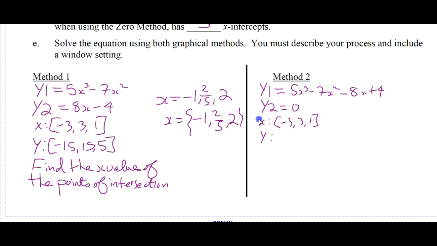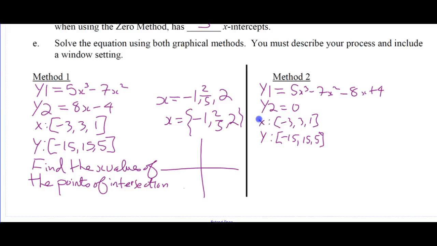You know, on a test, you're not doing both of these, right? If we say solve graphically, you're choosing one of the methods. What do we use? Negative 15 to 15 by 5s. Okay, that works. If we're solving graphically, we should draw the graph, right? Sorry, I didn't do that for the last one.